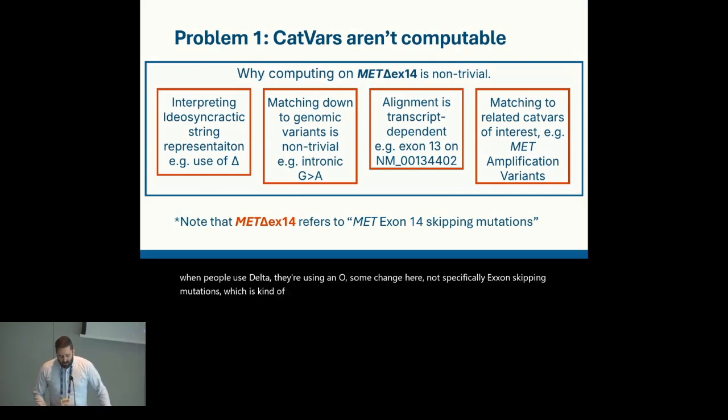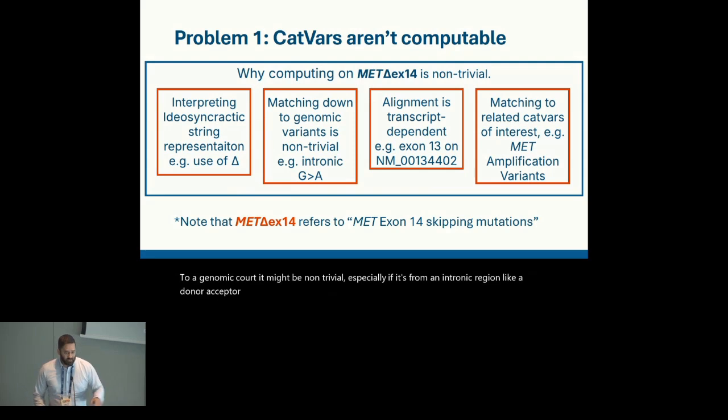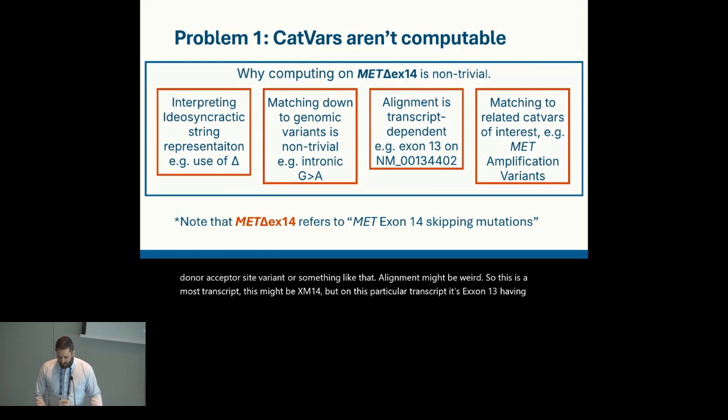Matching down to a genomic coordinate might be non-trivial, especially if it's from an intronic region, like a donor acceptor site variant or something like that. Alignment might be weird. So in most transcripts, this might be exon 14, but on this particular transcript, it's exon 13. Having to compute that over is not trivial. Also, trying to relate this to other variants of interest.